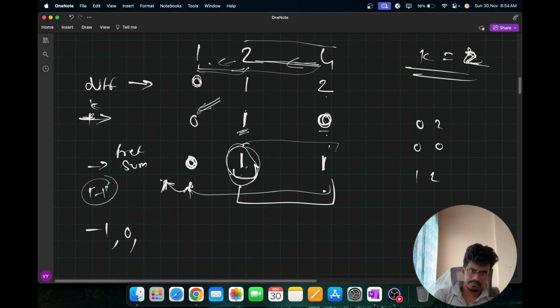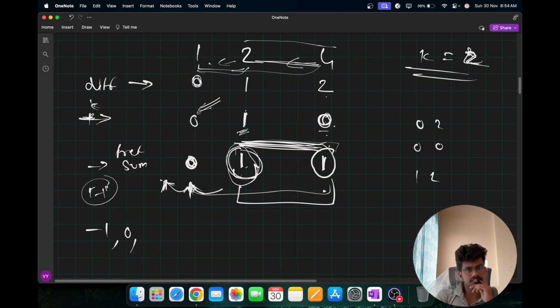So this minus the difference of this, or the sum which was present here is still the same sum which is present here, which means nothing has changed. And this sum can be from here, or maybe it is started from here.